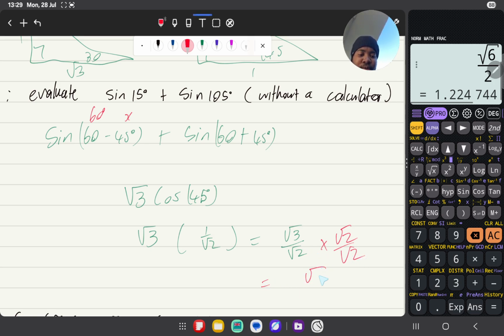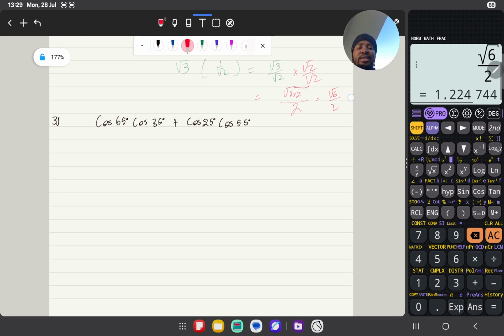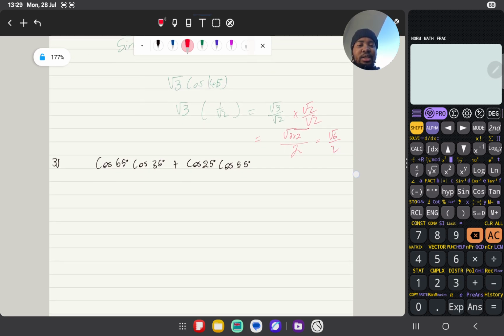This is a square root of 6, or square root of 3 times 2 inside, and then this is just going to be 2, which is square root of 6 over 2. So we are killing this thing, bro.